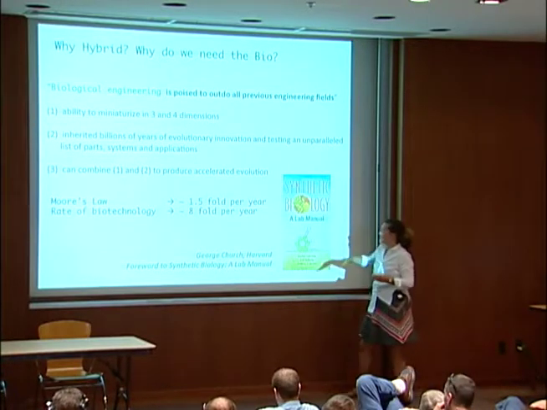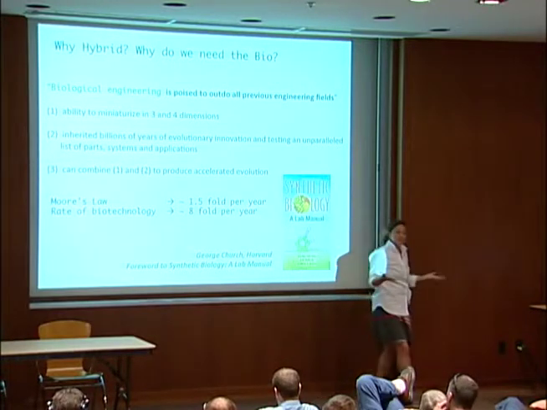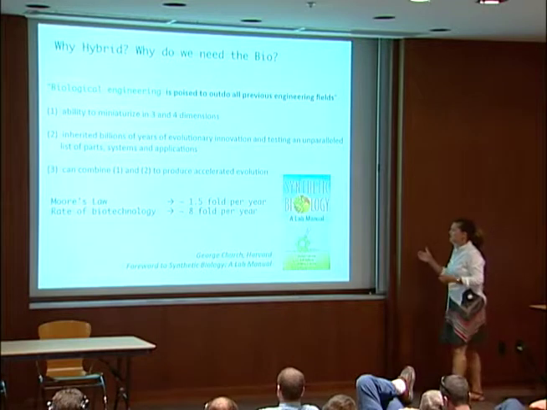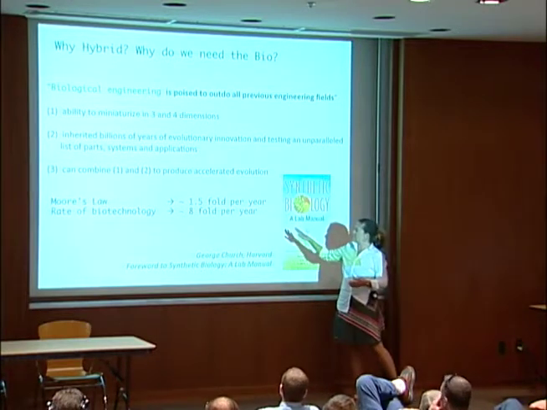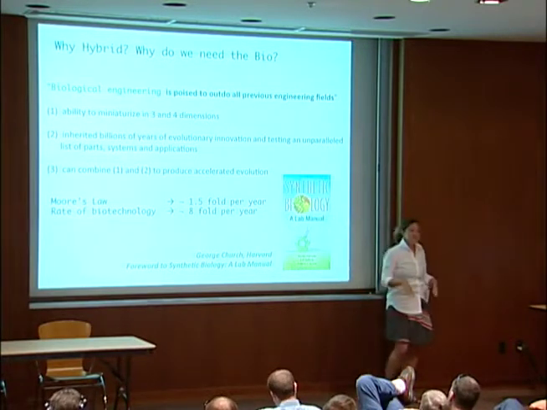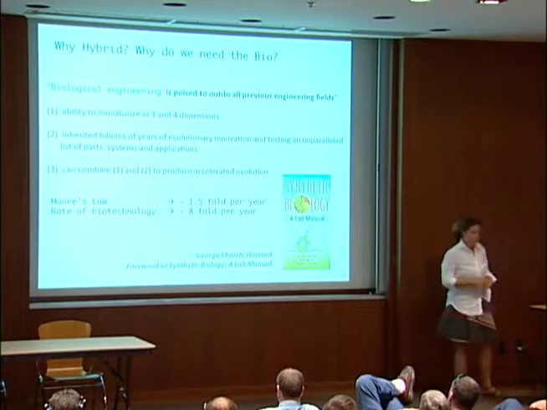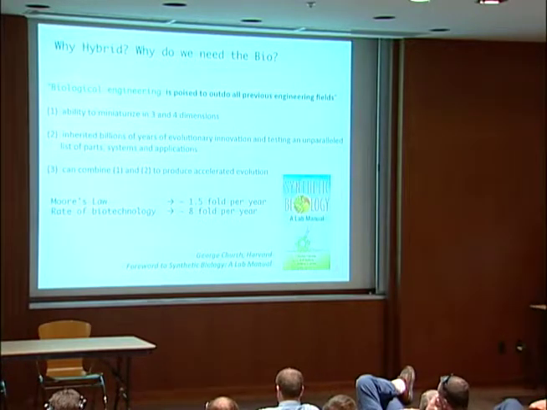And current estimates of even accelerated Moore's law, many of you are very familiar with the concept, suggest that in the recent period the rate of biotechnology is increasing at a rate of 8-fold per year. Much of this is based on estimates of our ability to read and write DNA, for example. So the argument is that there's a lot we can do by bringing biology into the engineering equation that will advance us much farther than just sticking with our traditional engineering substrates.